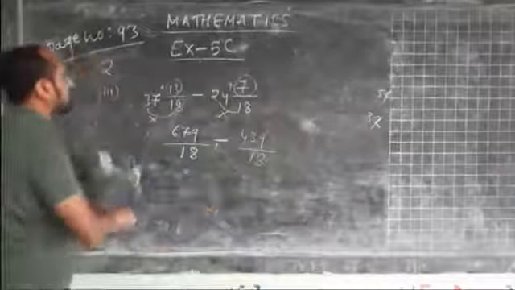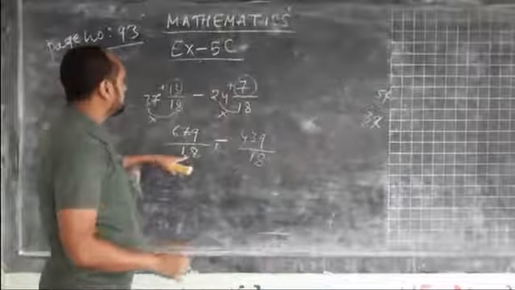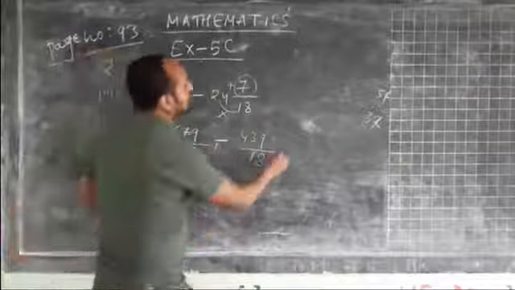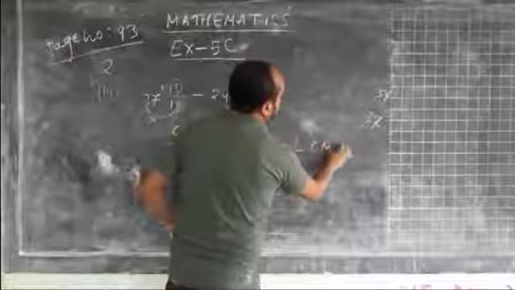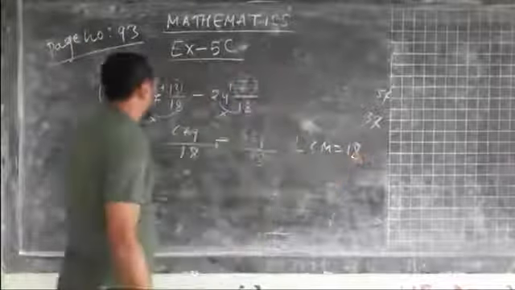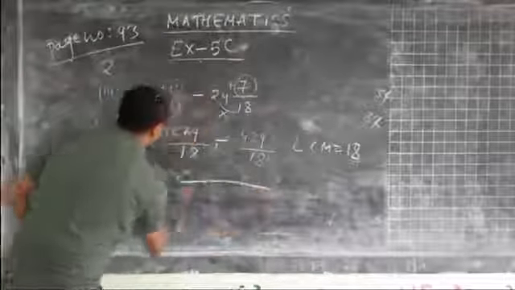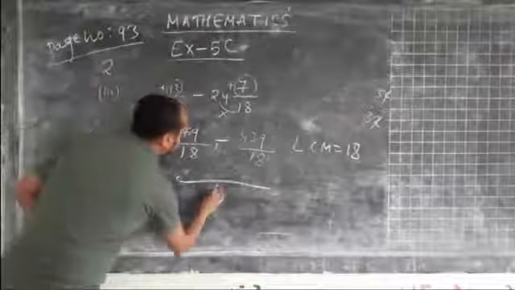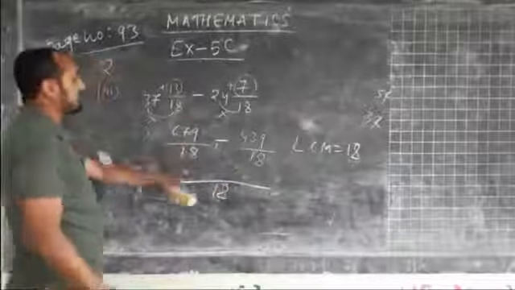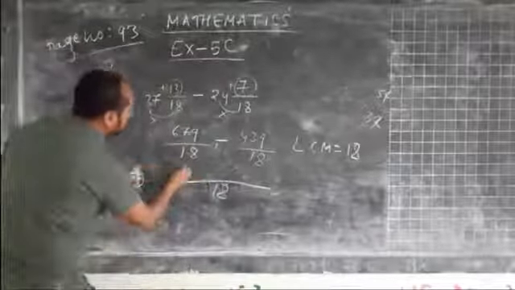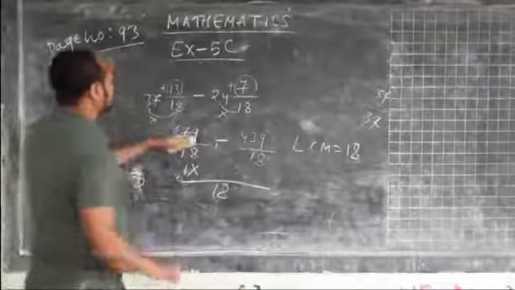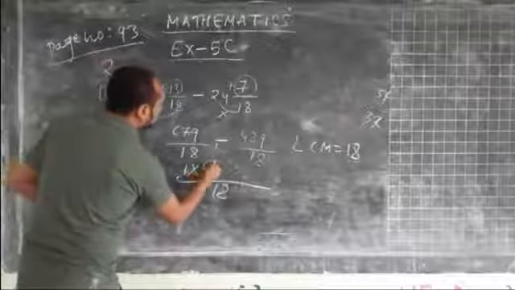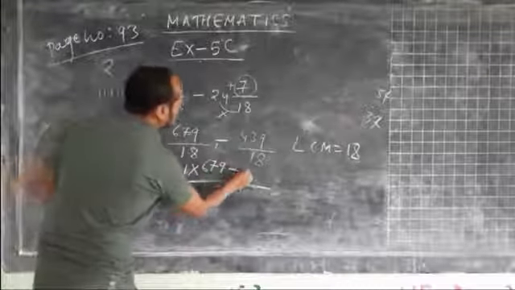Now both the numbers have the same denominator, 18 and 18. So here we can say LCM is equal to 18. Now we have to write 18. So if you divide this 18 by 18, 18 ones are 18 into here we have 679, minus.